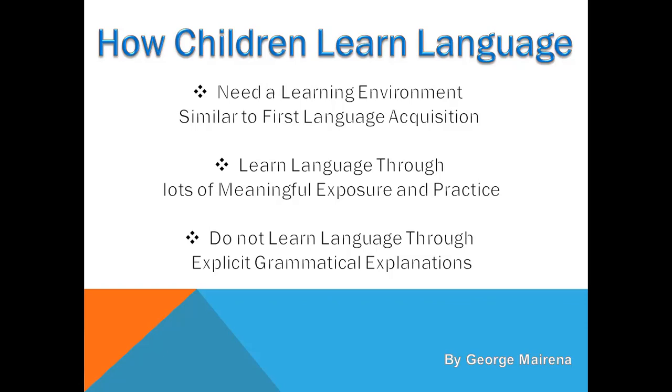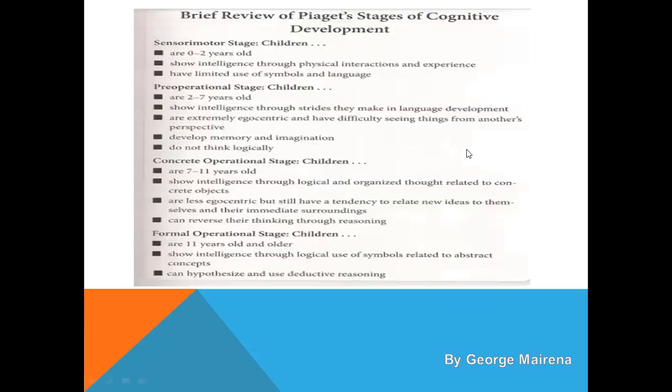Okay, good. To have a conclusion, folks, I would like to listen to all of you about the Piaget stages of cognitive development. As you know, Piaget has four stages.